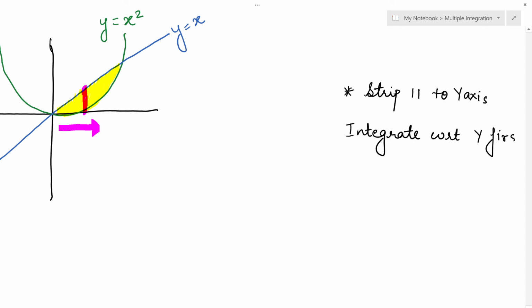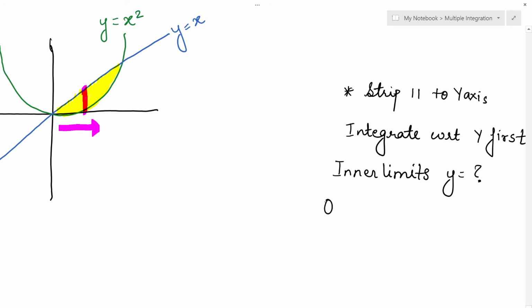Next, your inner limits will be y is equal to something that you need to find out. The lower limit and the upper limit. The strip which touches at the lower part is your lower limit and the strip which touches at the upper part will be your upper limit. Right? So you will find the inner limits and the upper limits.